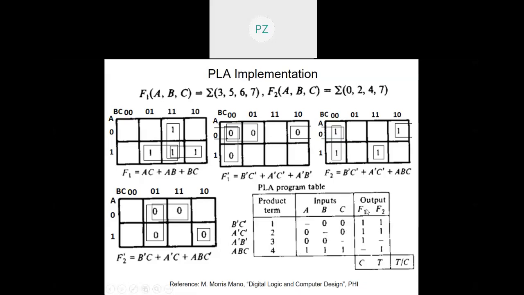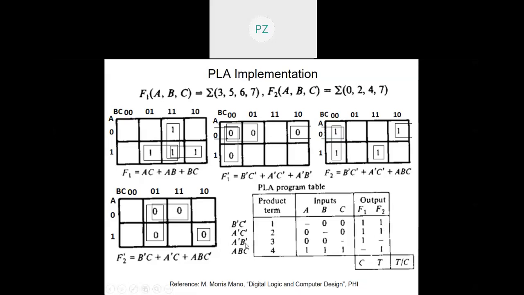Now F1 has 1 1 1 here. This means B dash C dash plus A dash C dash plus A dash B dash, so this will give me F1 dash, and I am writing a complement here. And F2 is B dash C dash, so a 1 here, A dash C dash, so a 1 here, A dash B dash is not existing, so that will remain blank, and ABC is there, so a 1 here, and this is the true form.